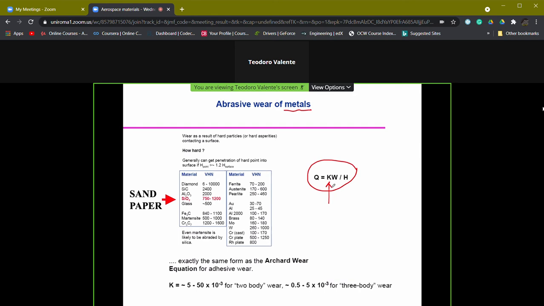To have this kind of phenomenon, one of the two materials must be harder than the other, so we can consider the single asperities as an indenter, as in micro hardness testing, able to penetrate the surface, then move along the surface due to the relative motion, and give rise to excavation phenomena.